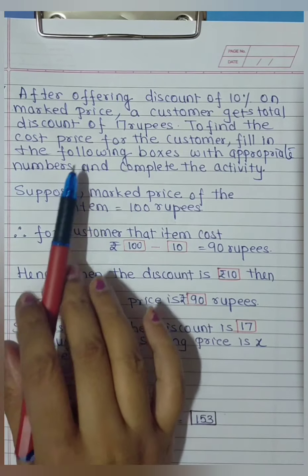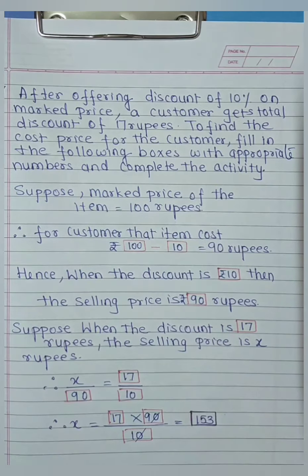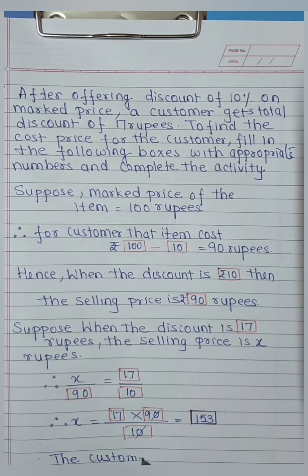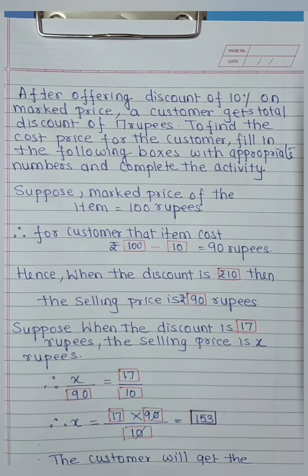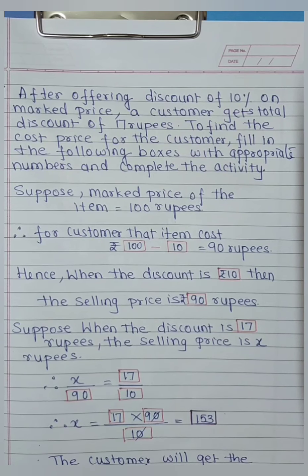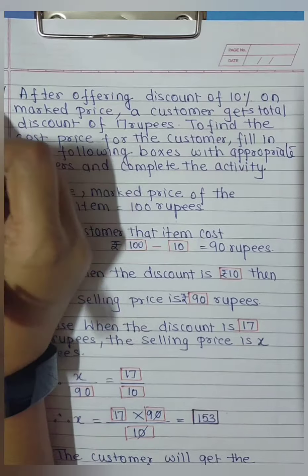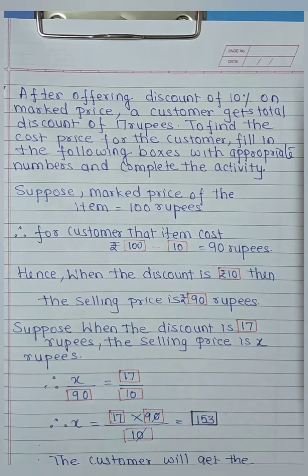So here the customer will get the item for rupees 153. This is our answer for question number 7. I hope you understood. Just go step by step and use the formula. It is very easy.